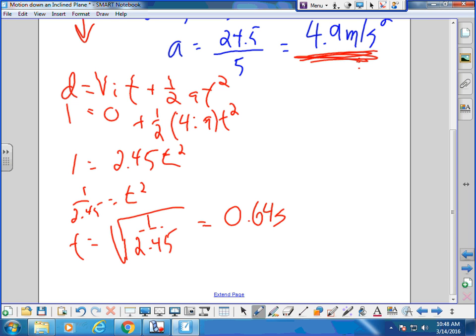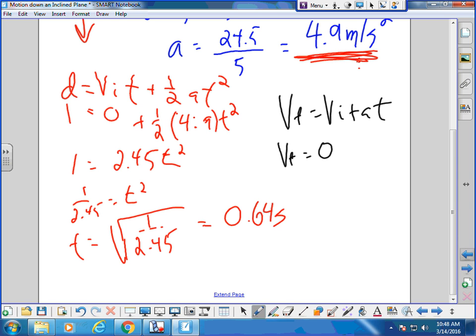And there's one more question I think too, right? What's the last one there, Sam? Oh, how fast it's going at the bottom. To find the speed at the bottom, VF equals VI plus AT. We're solving for VF.